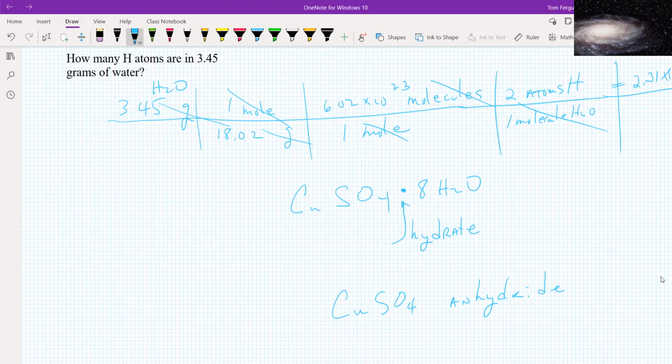A lot of chemicals are hydrates. And you have to calculate the molar mass of this: grams of copper, sulfur, 4 oxygens, 16, plus the molar mass of water.